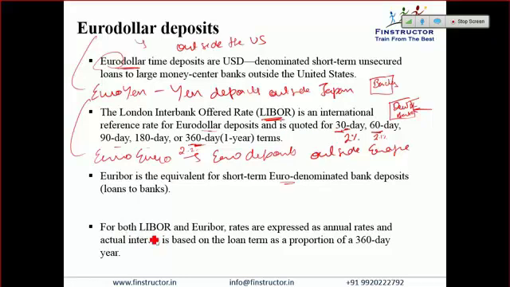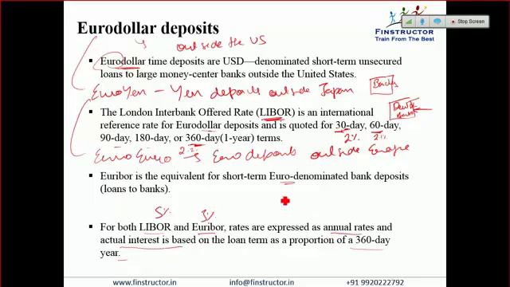For both LIBOR and Euribor, rates are expressed as annual rates, and the actual interest is based on the loan term as a proportion of a 360-day year. So if it's a 5% LIBOR or a 3% Euribor, what this means is that first of all the rate is annualized.